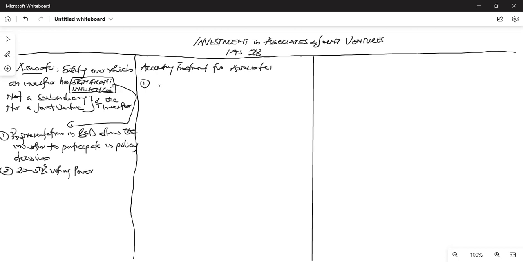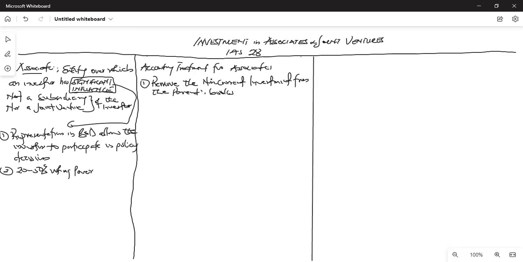So number one, remove the non-current investment from the parent's books. The item stated in the books, like investment in associate, you need to take it off.